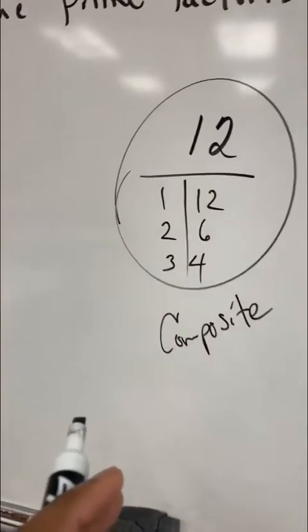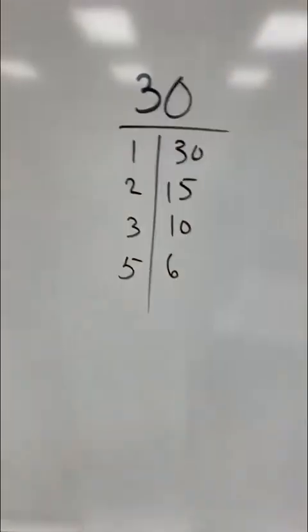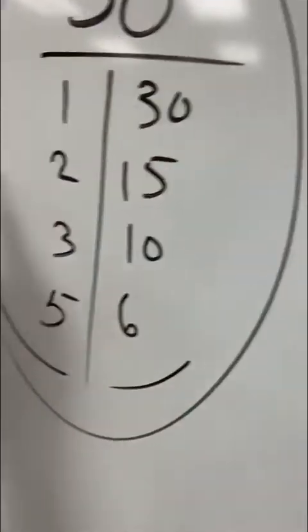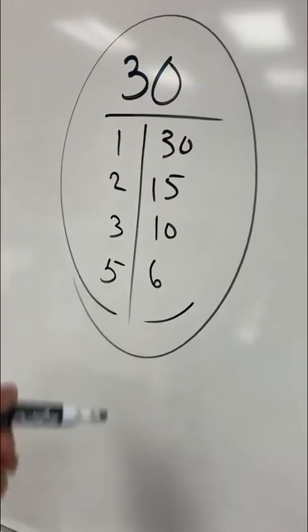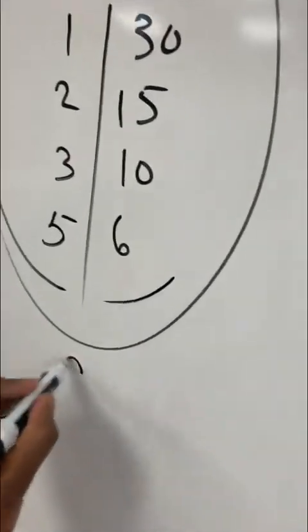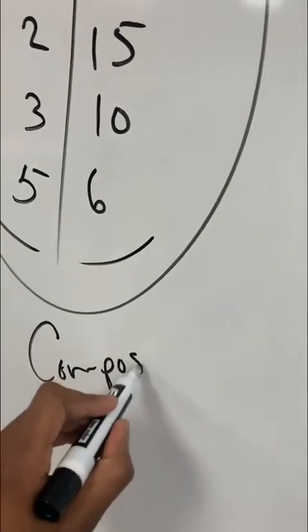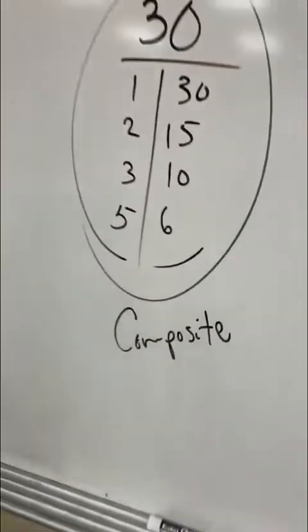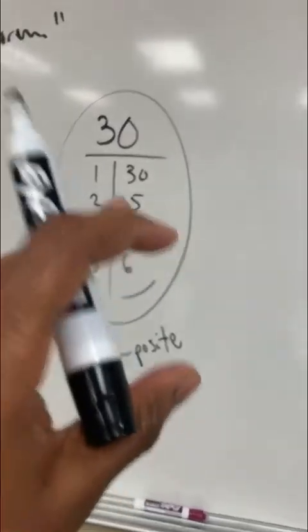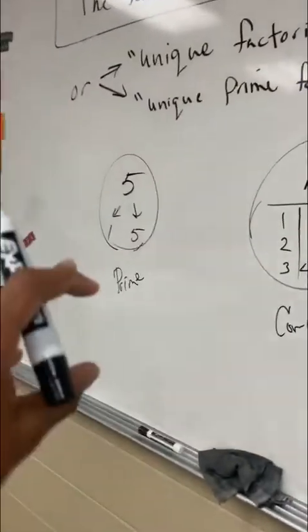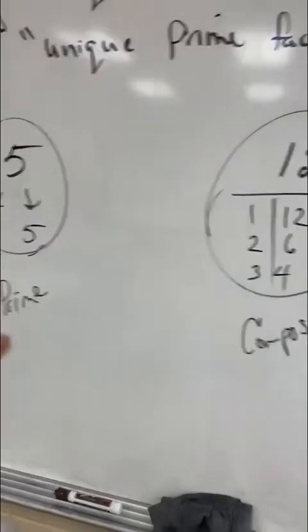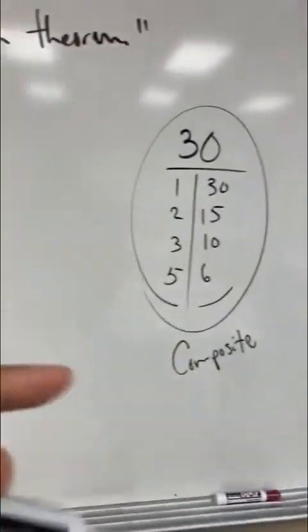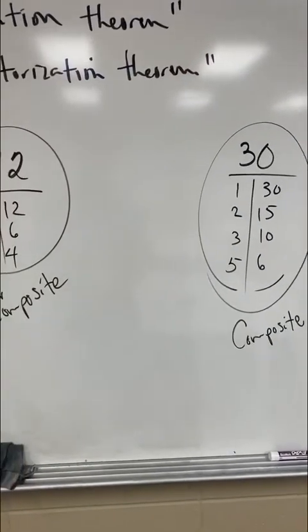The same thing happens here. When we just look at integer factorization, you get many ways to write your factors. Once again, this one here is composite because this number is composed of primes. Notice there are many ways that you can list the factors.